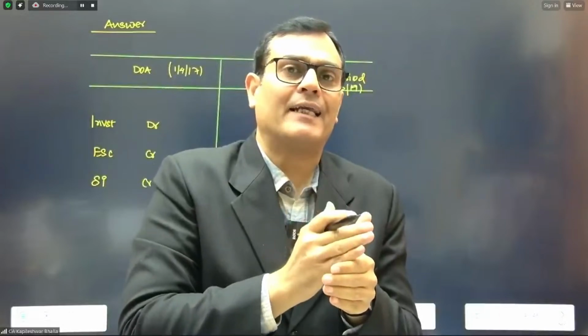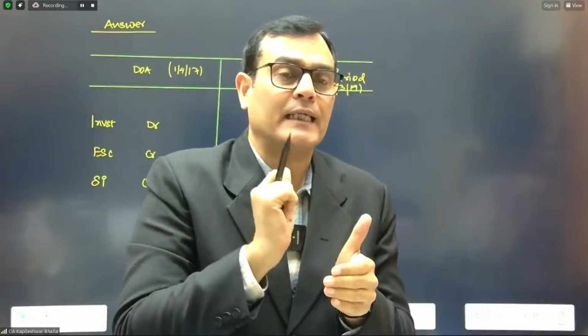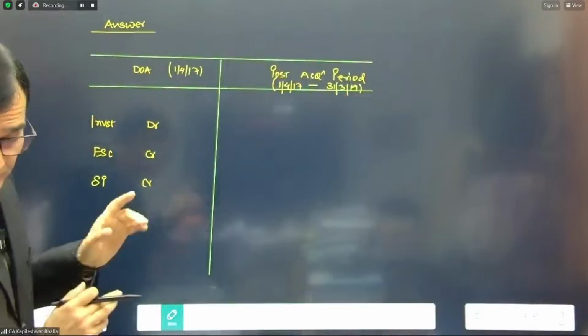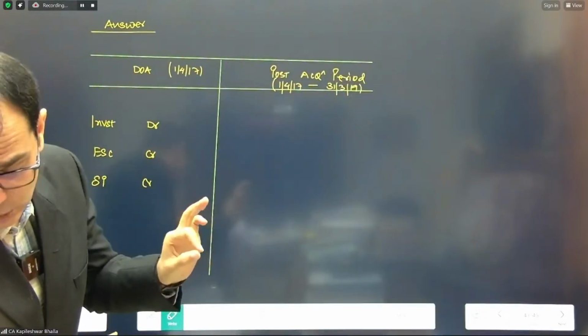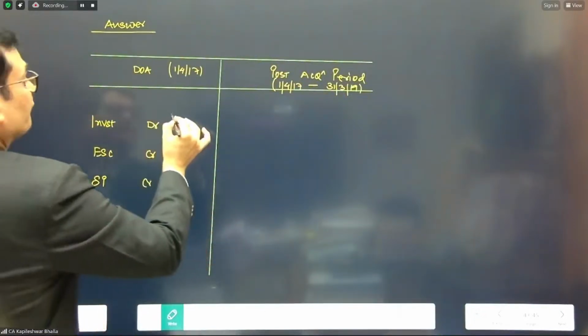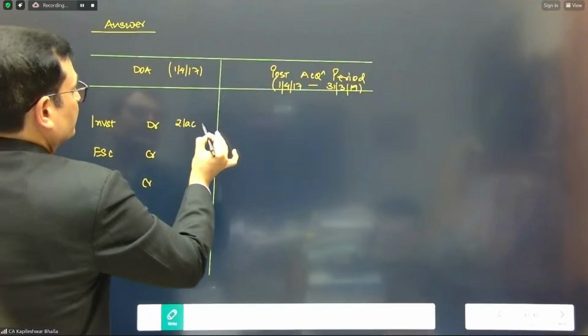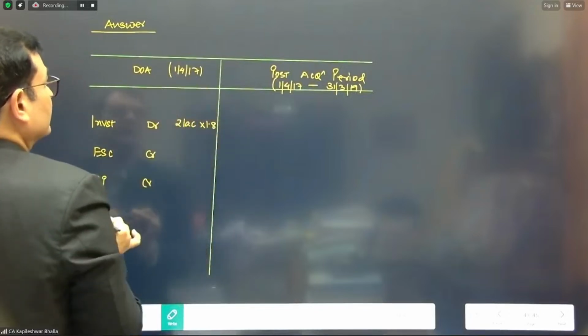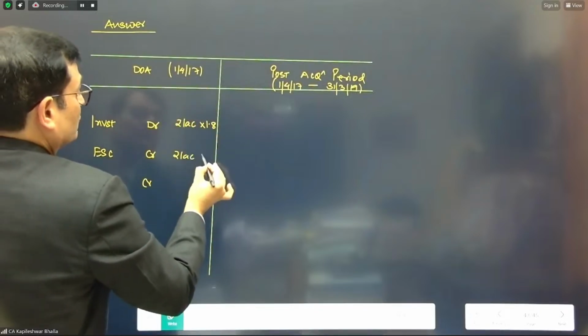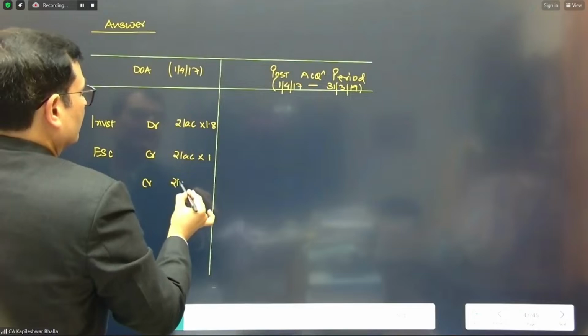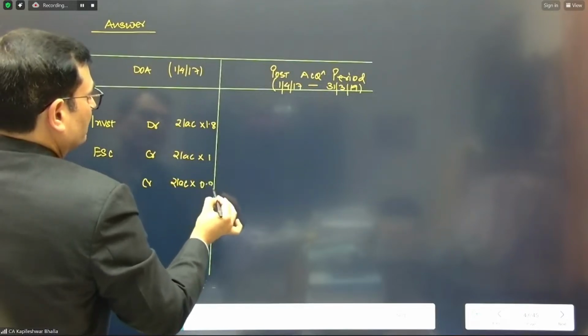So we're going to put the entry: investment debit, share capital with the face value and the premium with the premium. He's given us that 2 lakh shares have a fair value of 1.8, so the equity share capital is at face value 1 and the remaining 0.8 becomes a premium.